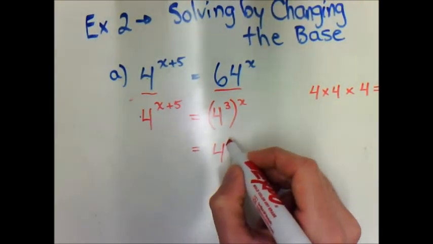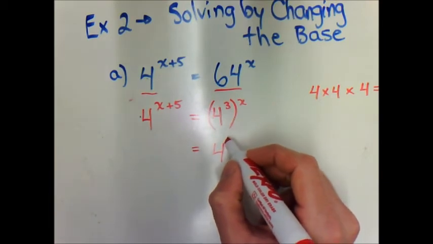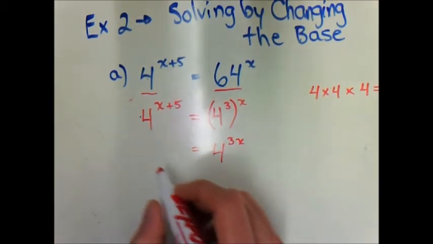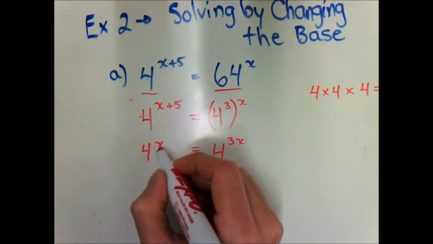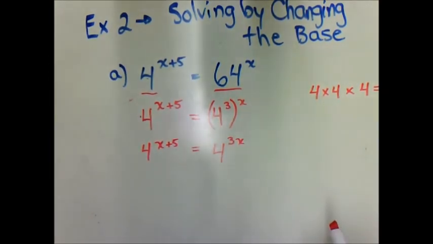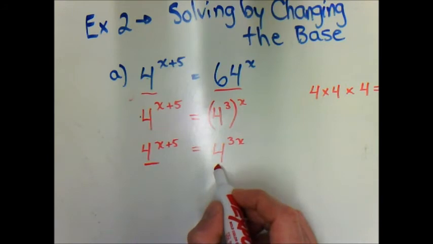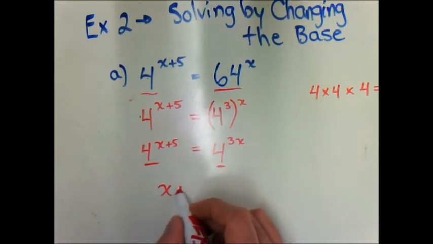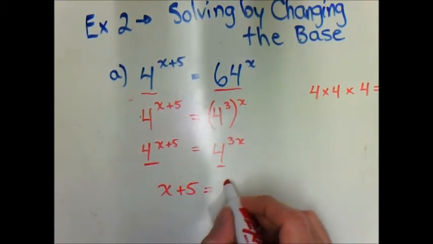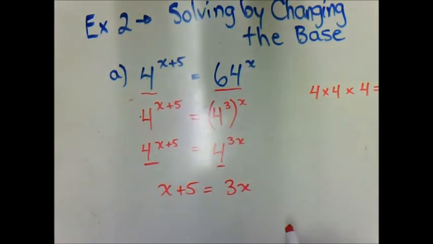It's simply 4 to the power of 3x. So now I have 4 to the power of 3x is equal to 4 to the power of x plus 5. Well, if the base is the same, then it must be true that x plus 5 is equal to 3x.